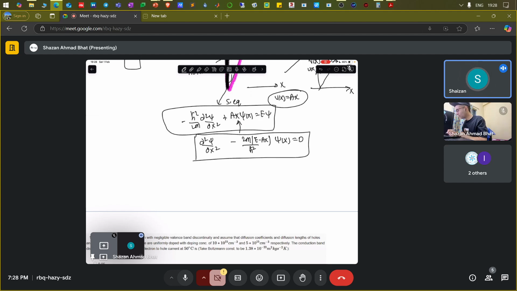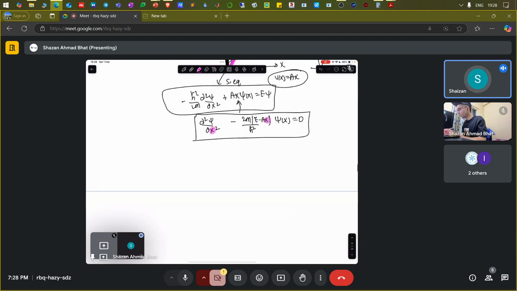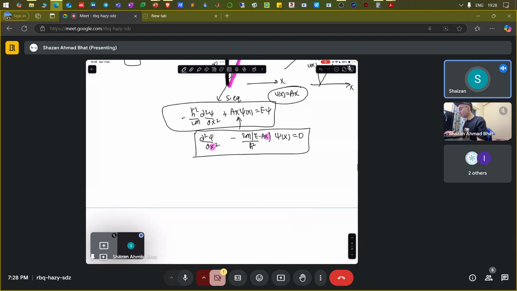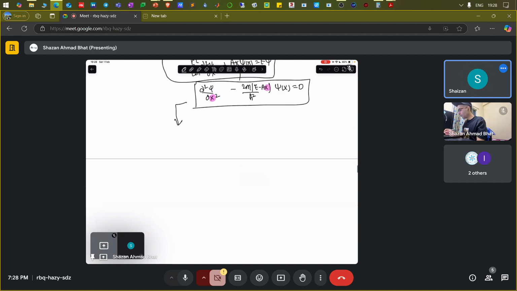This is the differential equation you need to solve. Now there's a problem because there's a variable x here also, and this is the differential equation in terms of x also. It turns out it's not easy to solve. There is no direct analytical solution possible for this equation. You have to solve it using certain techniques, analytical or numerical, I don't know whether you know it or not. And when you solve this differential equation, you get psi of x as a solution, and this is something called the Airy solution.